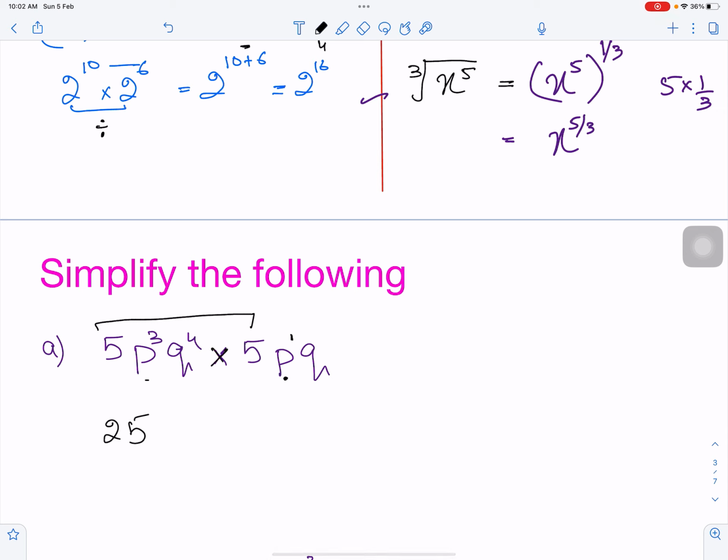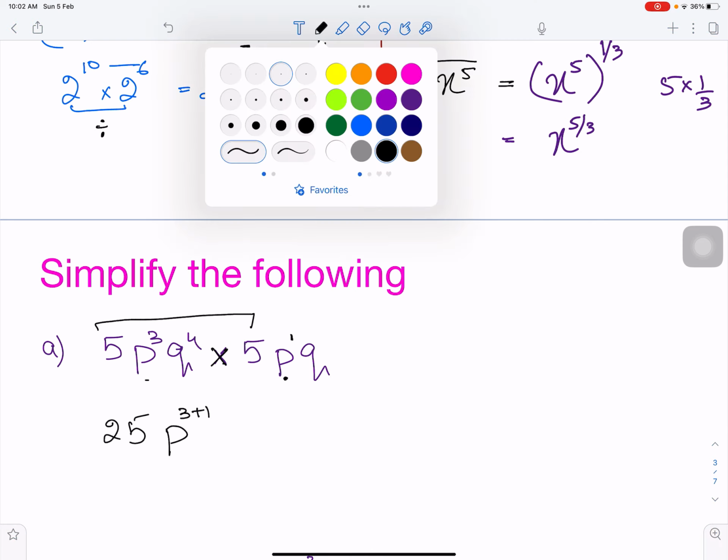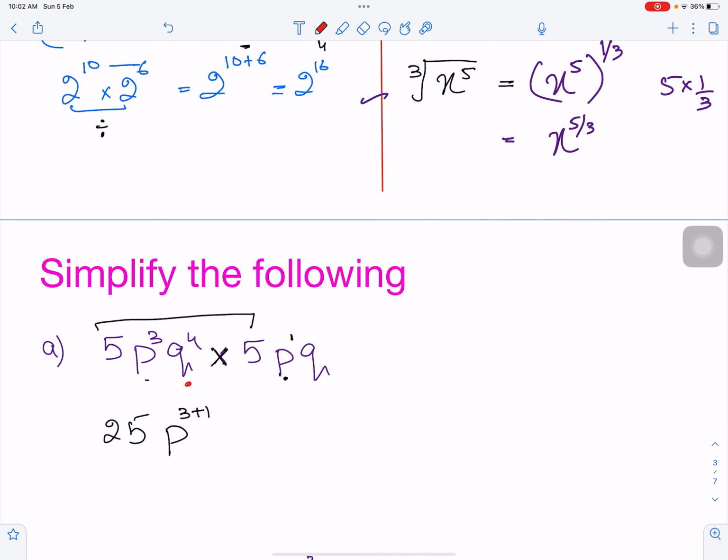And there is what sign? Multiplication. It means powers will add up, 3 plus 1. Okay. Now if you look at q, it has power 4, it has power 1. And there is again a multiplication sign. So it will be q power 4 plus 1, which means 25, p power 4, q power 5.